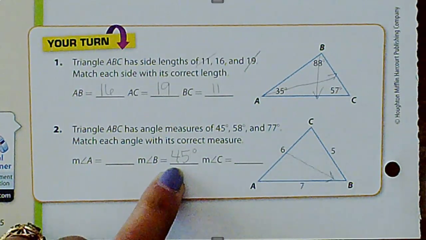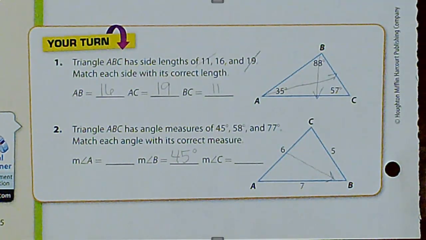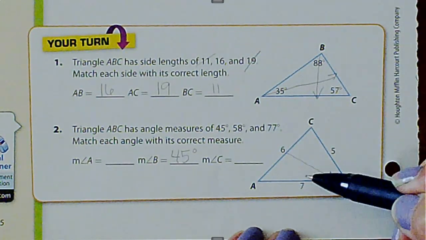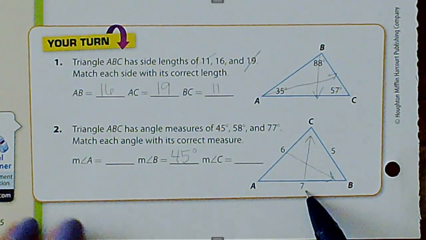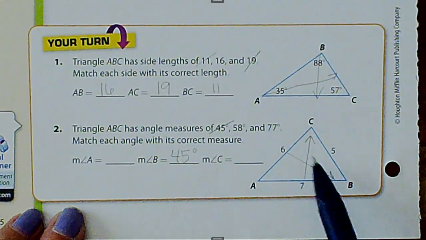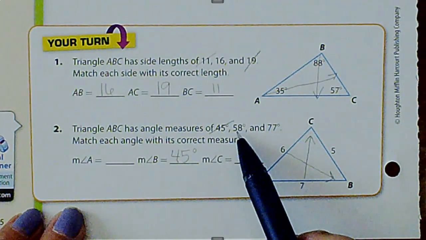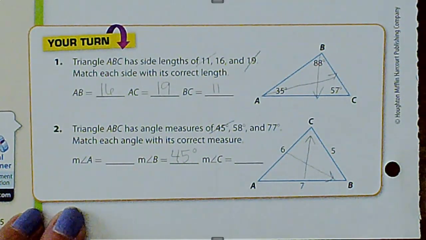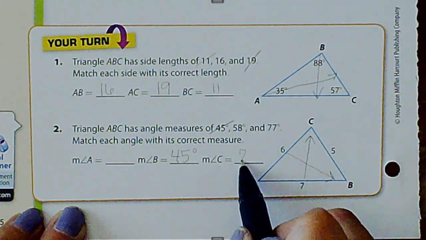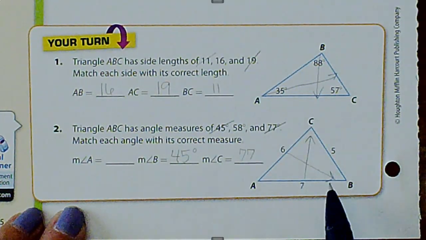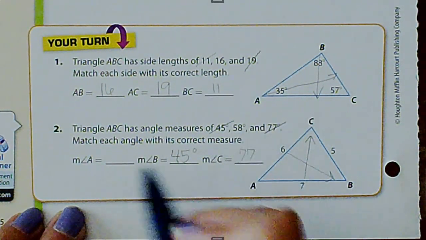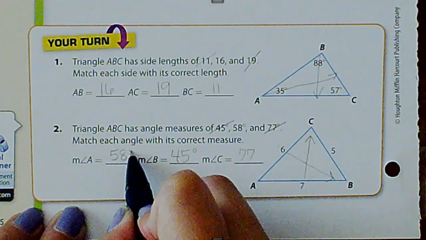So angle B has to be 45 degrees. If we look at the longest side, it's side AB, and the angle opposite is angle C. So if this is the longest side, this has to be the largest angle measure, and we're left with 58 and 77. So 77 is the largest there. So angle C has to be 77, and the leftover angle is angle A, which is 58 degrees.